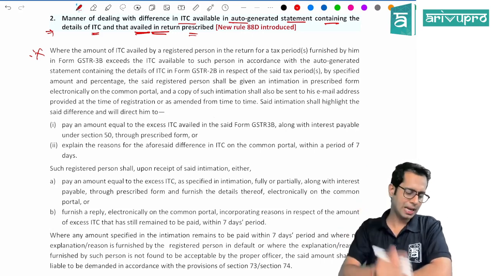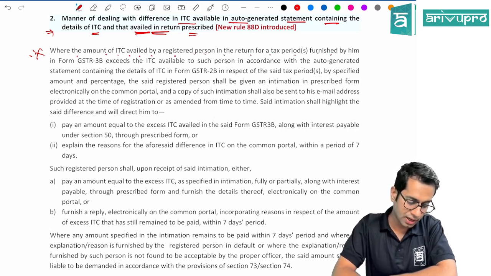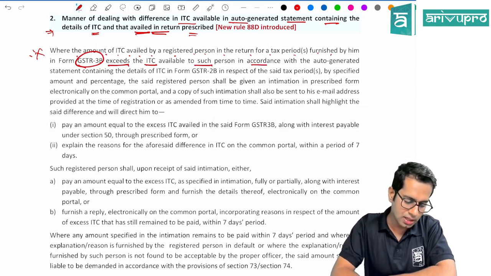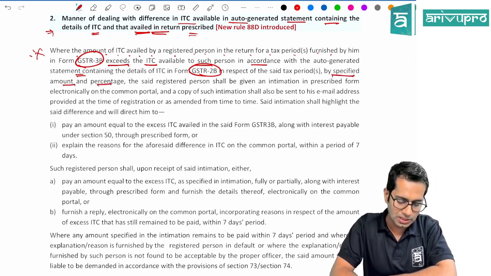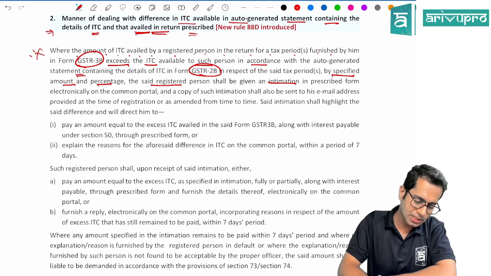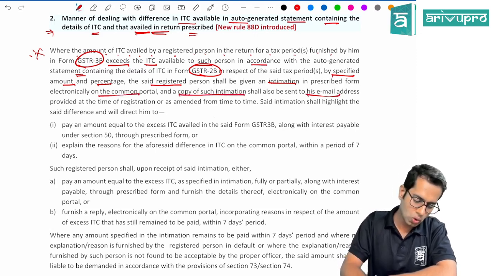Now they have given the mechanism for that, where the amount of ITC availed by a registered person in the return for the tax period furnished by him in GSTR 3B exceeds the input tax credit of such person in accordance with the auto-generated statement of GSTR 2B in respect of the said period by a specified amount or percentage, the registered person shall be given an intimation in the prescribed form electronically on the common portal, and a copy of the intimation will be sent to him through an email.